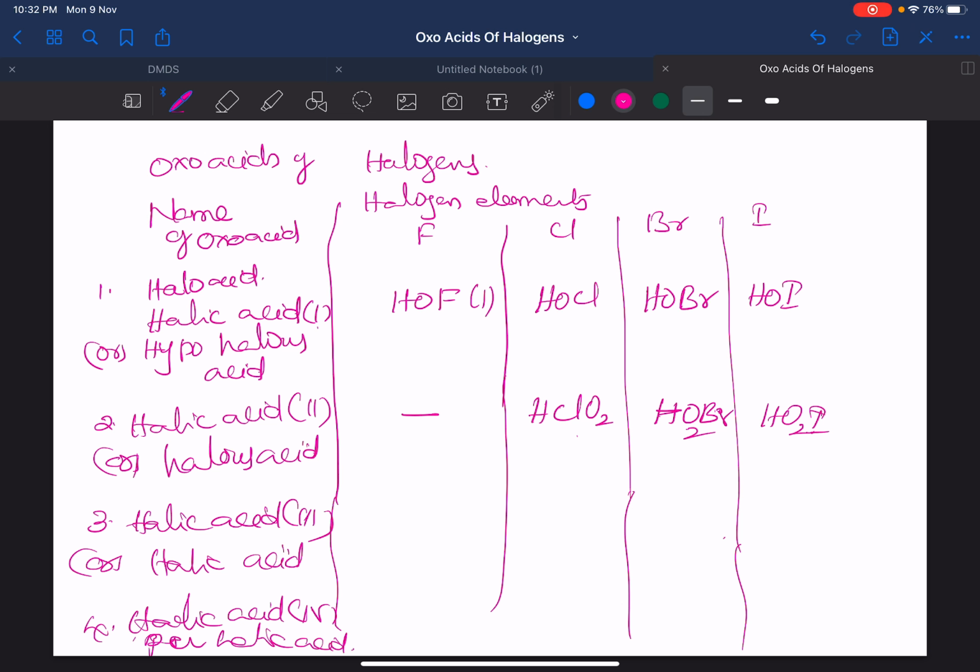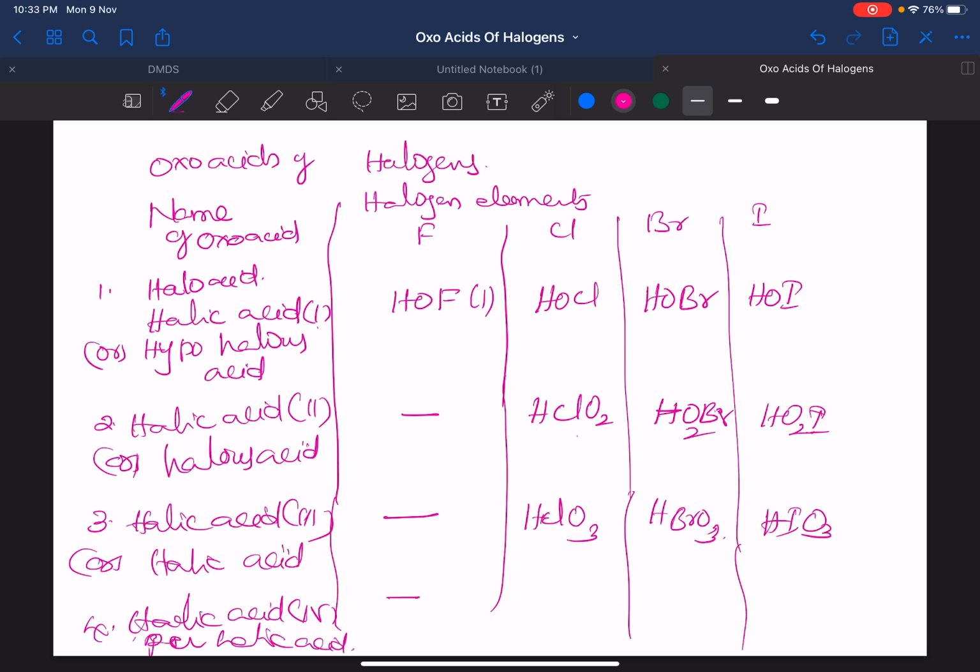Bromine and iodine also give bromic acid and iodic acid, HBrO3 and HIO3. The next one is halic acid 4, that is perhalic acid.